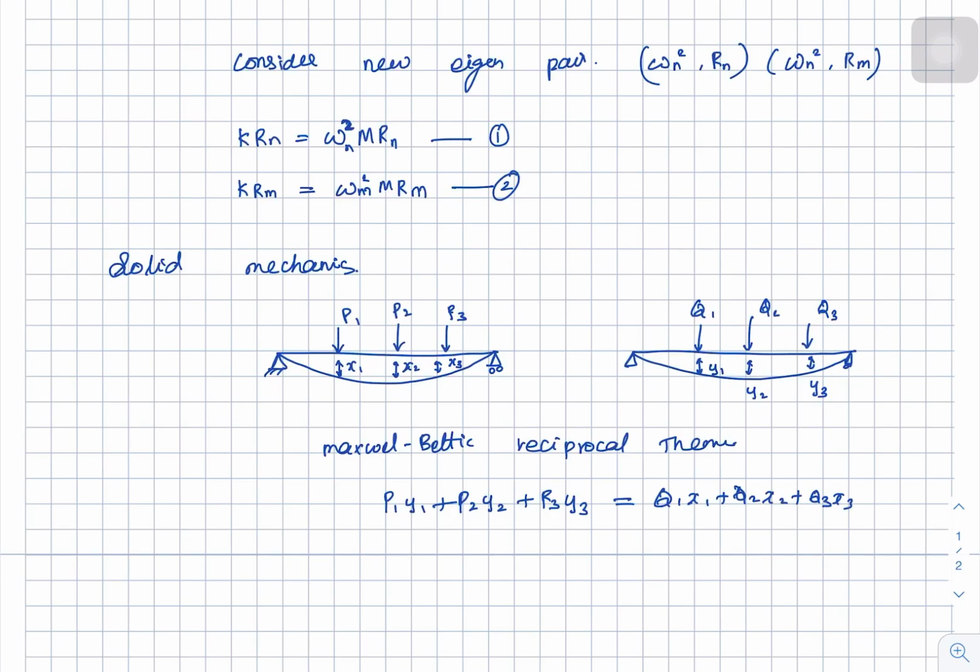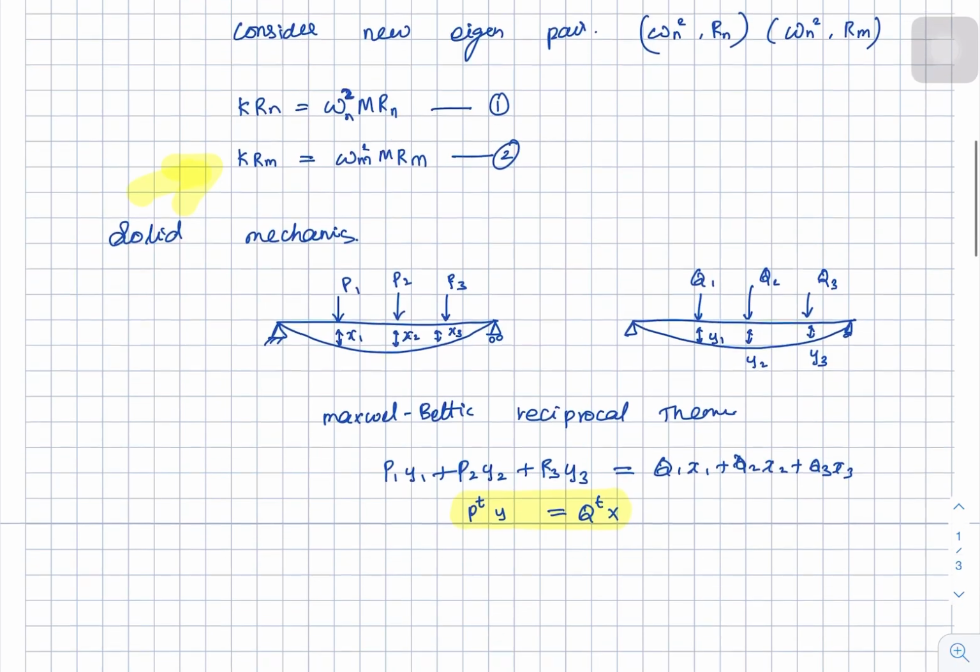Therefore you can write this as a vector product: P transpose y equals Q transpose x. This is called the reciprocal theorem. So now we apply this concept to our equation here.